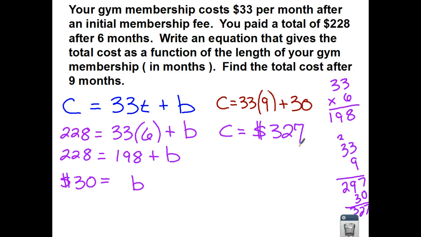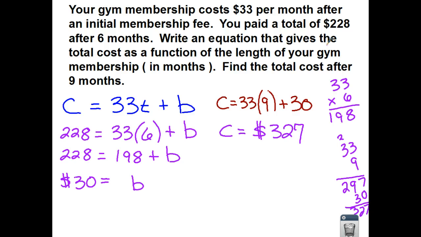And let's go back into the problem and make sure that we've answered all parts to it. Did we find the cost after 9 months? Yes. However, did we write an equation that gives the total cost as a function of the length of time?